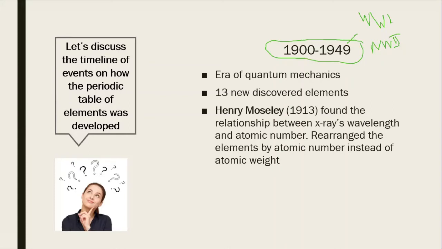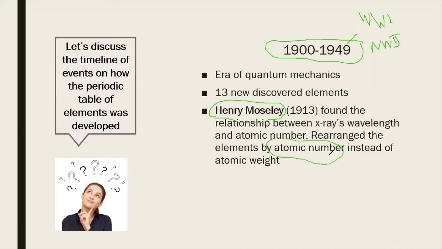Okay, so one of which was Henry Moseley. Yan. Okay, so I would like to stress out on this. Henry Moseley was able to classify the elements according to its atomic number.